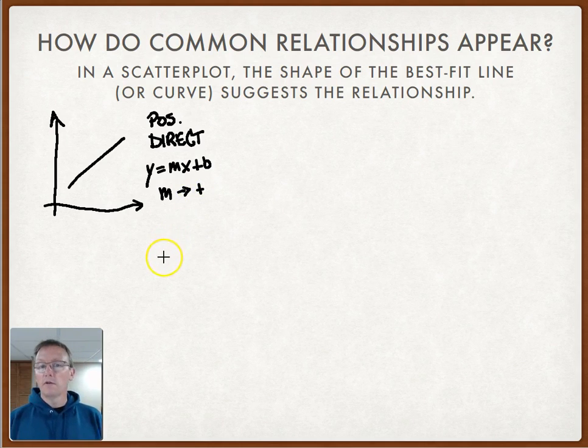So that's our first relationship. If we have that linear up-to-the-right kind of relationship, we know we're dealing with a positive direct.